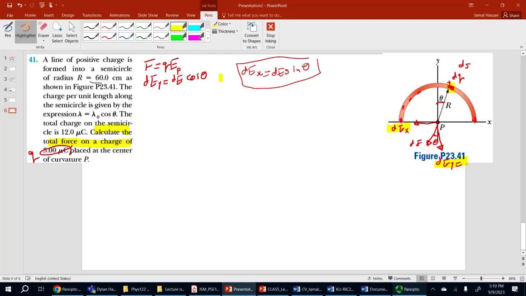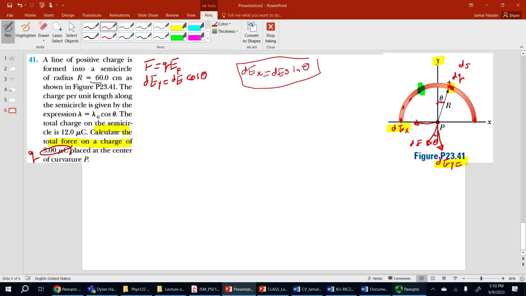For example, for every small point on the right side of the y-axis, there is a corresponding point on the left side of the wire. For the dq shown here, the yellow highlighted piece, there is another piece on the left-hand side.